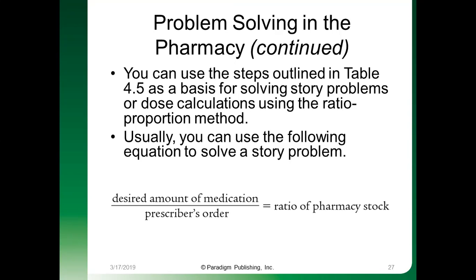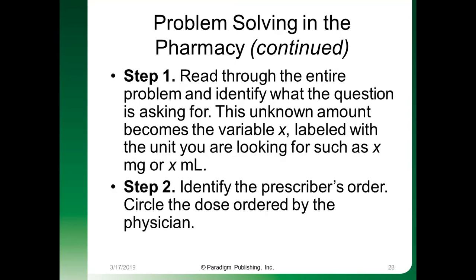Okay, so next step. Read through the entire problem and identify what the equation is asking for. This unknown amount becomes the variable x, labeled with the unit you are looking for, such as x milligrams or x mLs.